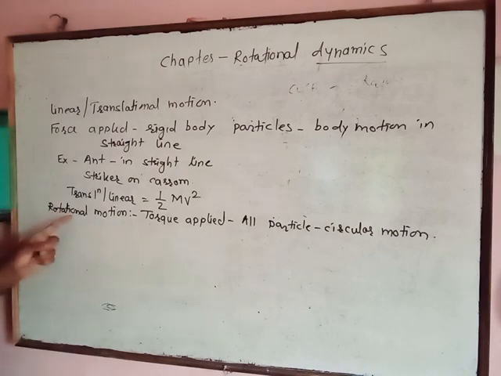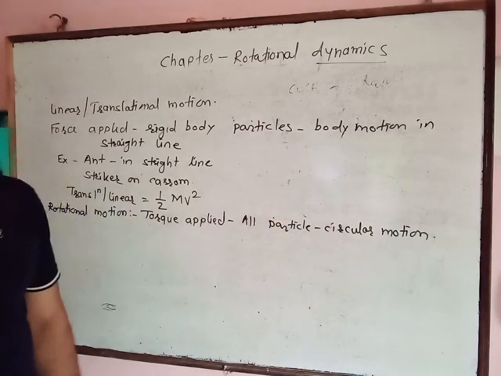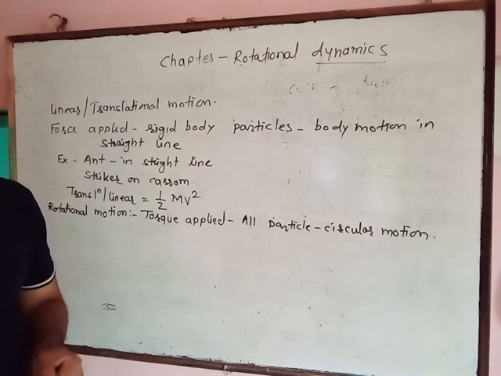Such motion of a body is said to be rotational motion. Every particle present in the body moves along the circumference of a circle. Such motion is known as rotational motion.